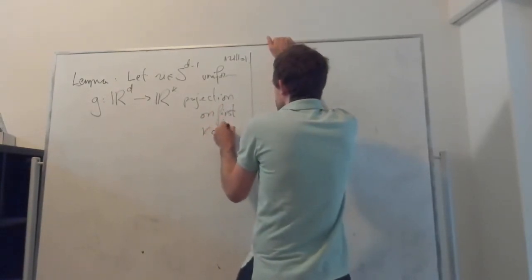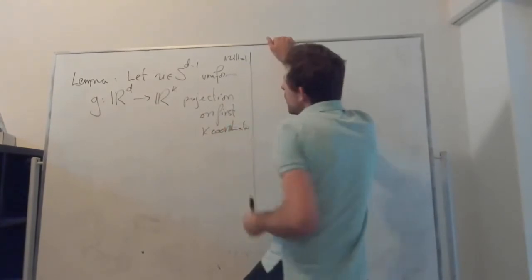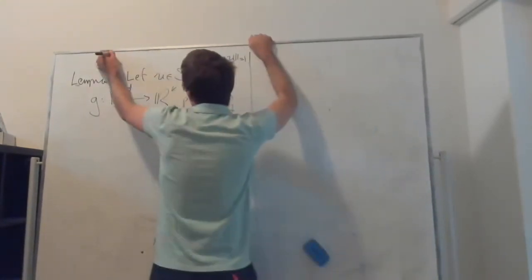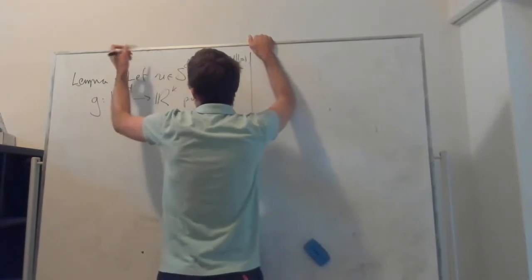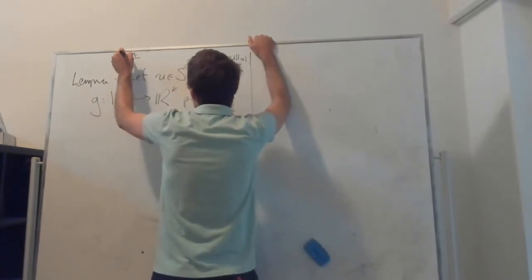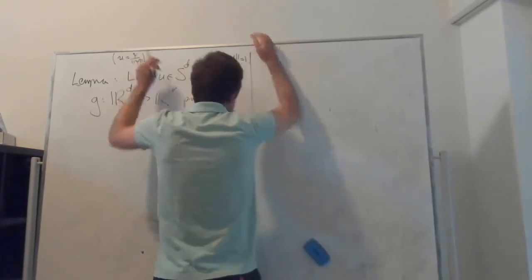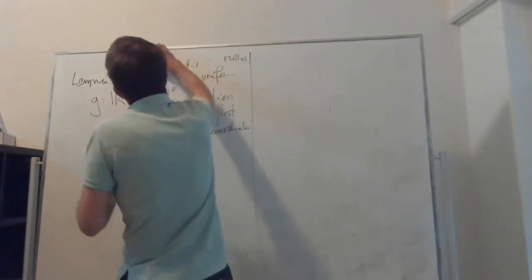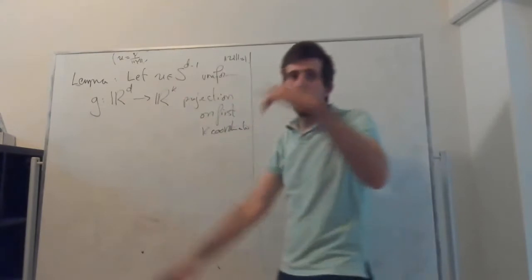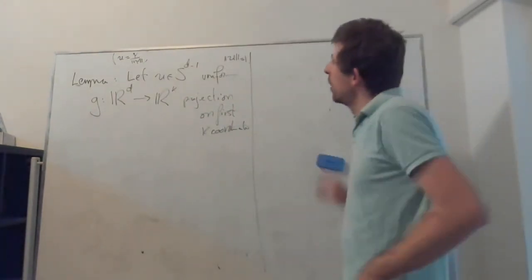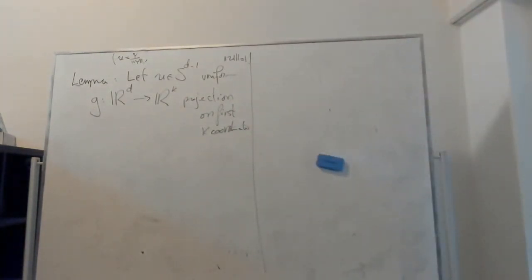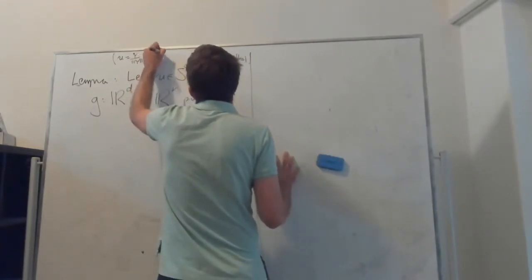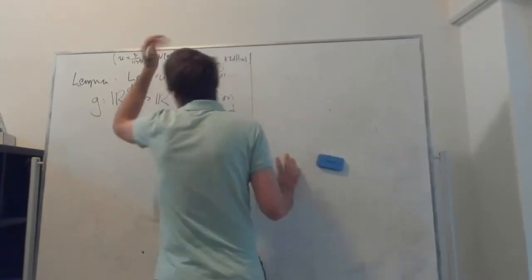By the way, it's good to make a point that one way you could take U, for example, is you could take a Gaussian vector Y over the norm of Y, where Y is a Gaussian vector, because Gaussians are rotation invariant. They don't have any preferred direction. So if you divide by their norm, they're just uniform in the sphere. So that could be a possibility of how to draw such a point. But that's not really important.